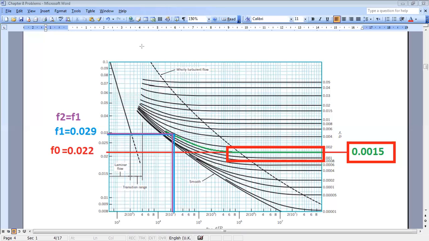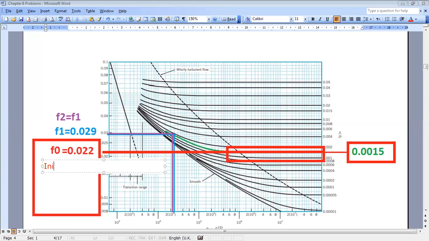So I always start, when I know epsilon over D, by taking the corresponding friction factor of the flat curve. If you extend the flat curve, you can read a value of friction factor F equal to 0.022. So this is an initial assumption to start with.